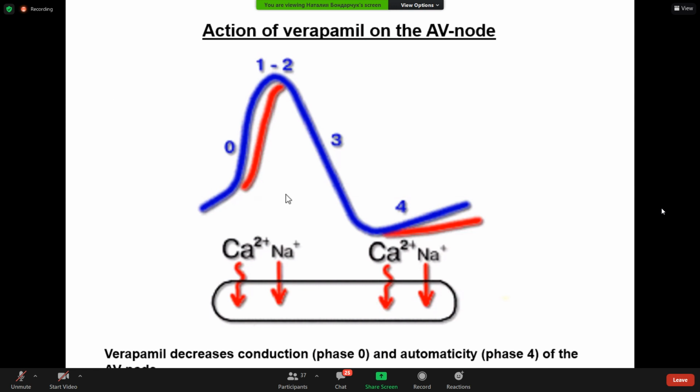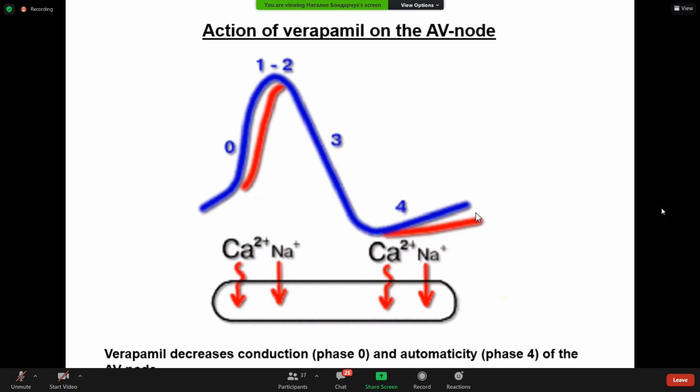So, due to inhibition of calcium channels in the zero phase, verapamil prolongs it and decreases conduction, red line. And also, due to inhibition of calcium channels in the fourth phase, it prolongs it, and thus it decreases automaticity of the AV node.